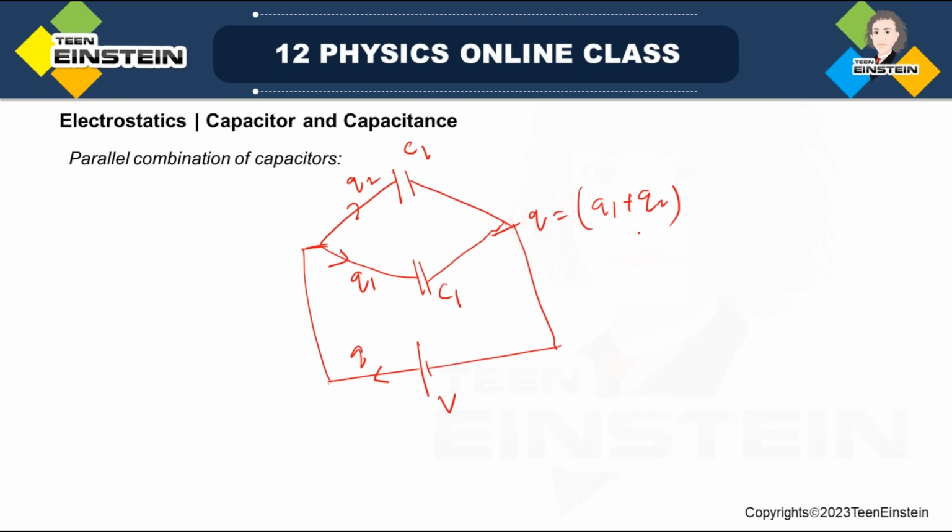At this position, both will again combine. So the charge is getting divided, and you look here: this terminal and this terminal are at the same potential. This terminal and this terminal are at the same potential. So both C1 and C2 are at the same potential.